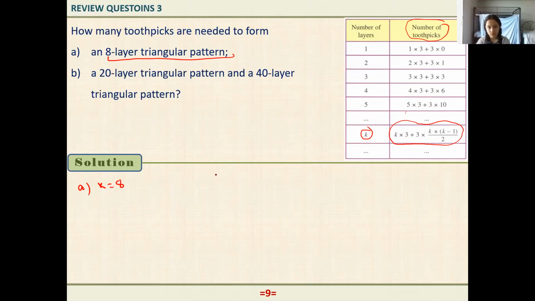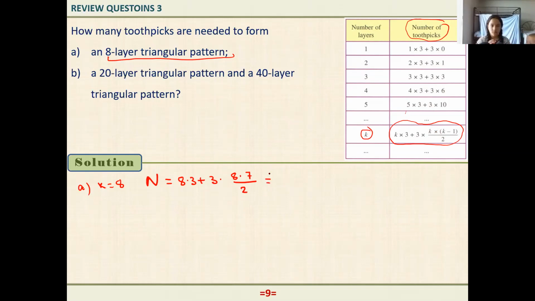Let's say the total number of toothpicks is capital N. I should just substitute here. What is K? 8. So here we have 8 times 3 plus 3 times K times K minus 1, what is our K? 8 times 8 minus 1, it is 7, over 2, right?